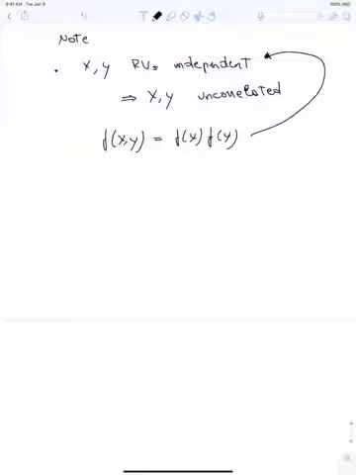Now, let's try to understand the difference between dependent and independent variables, and correlated and uncorrelated variables. I'm trying to find the examples in my notes. Okay, here.